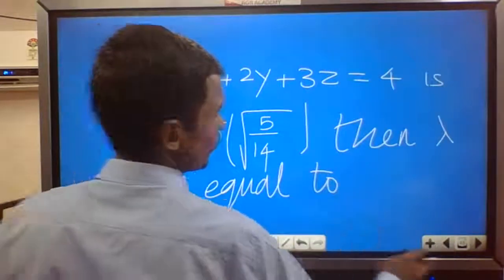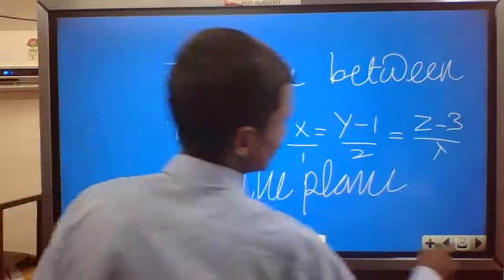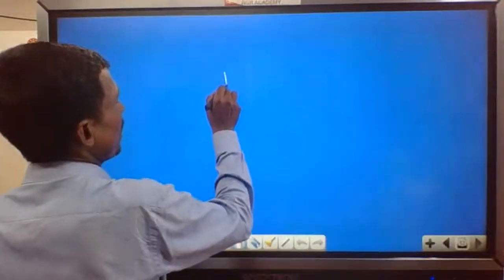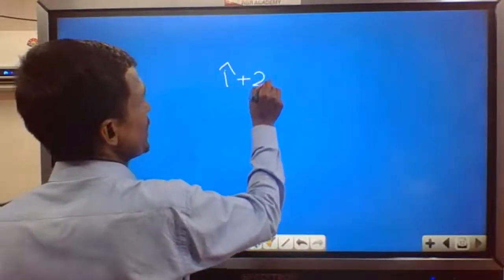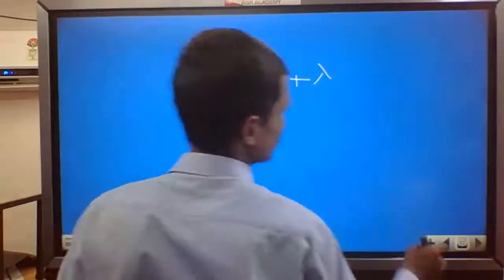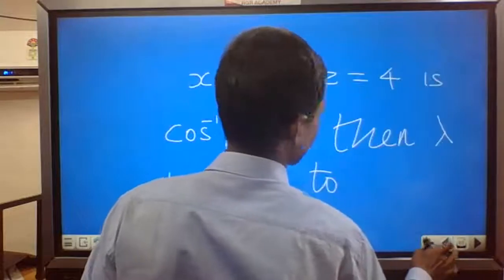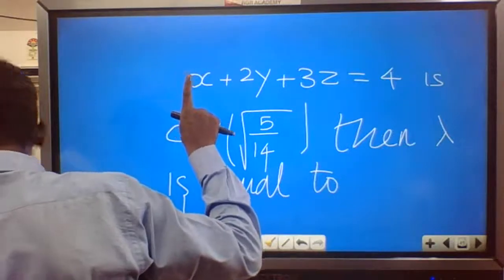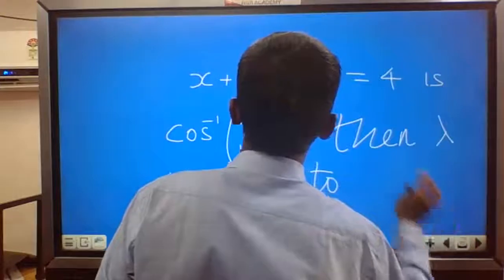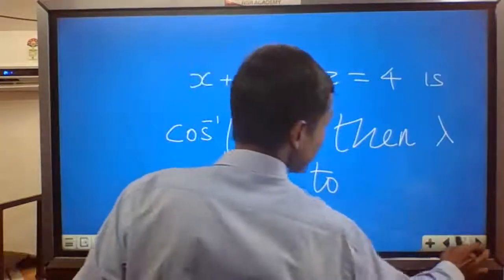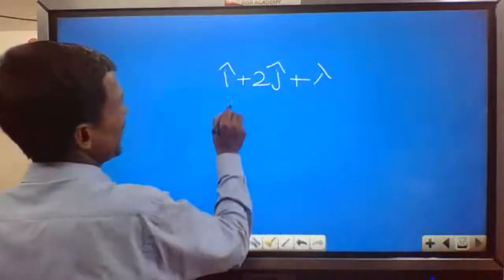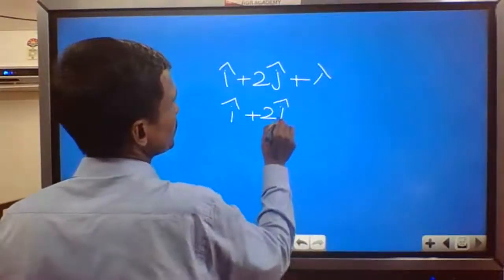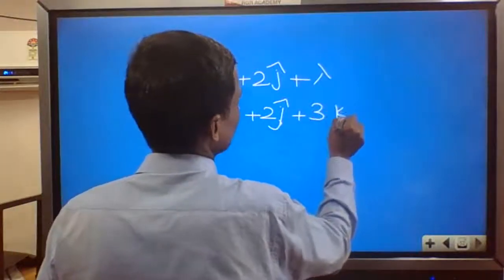Here, from the line, b is i cap plus 2j cap plus lambda k cap, and from the plane, n is i cap plus 2j cap plus 3k cap.